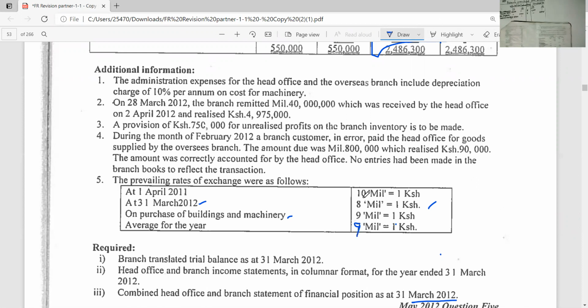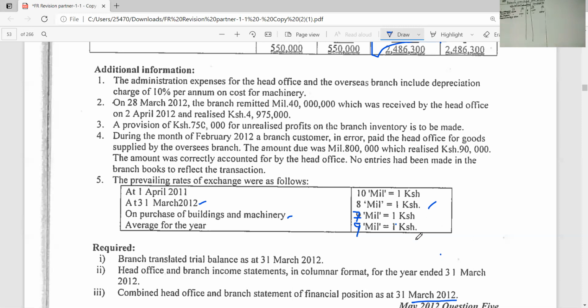And on purchase of building and machinery, that is the one which is supposed to be 7. So if you have your past paper, you would see that. If you have the original past paper from CASNEP, you would be able to realize that.